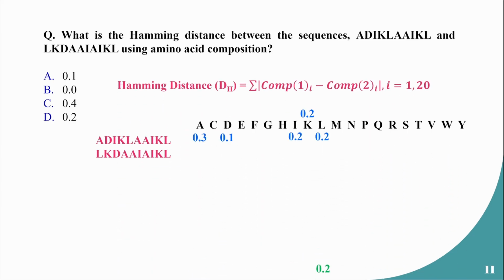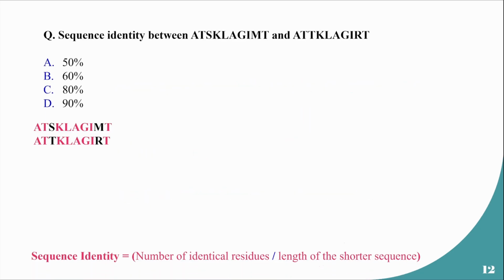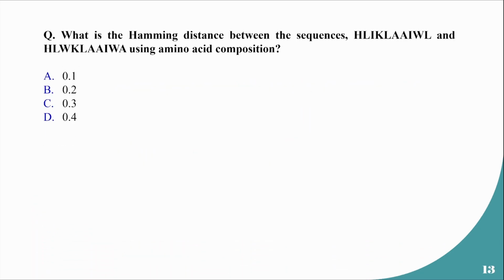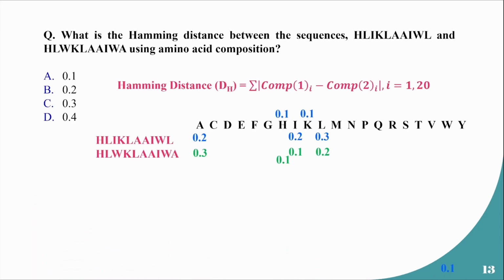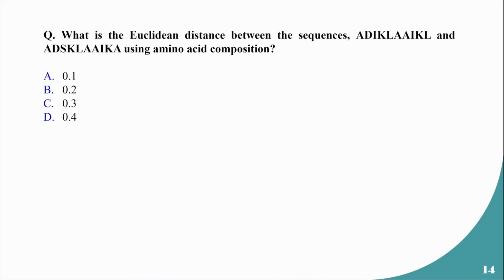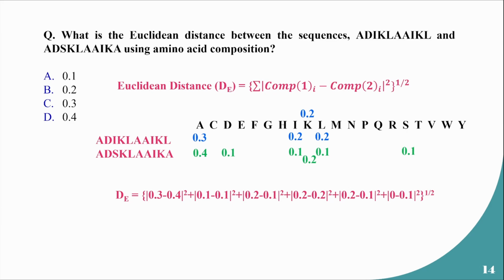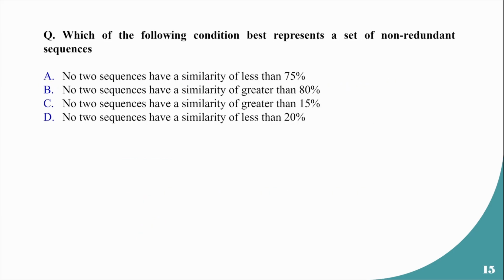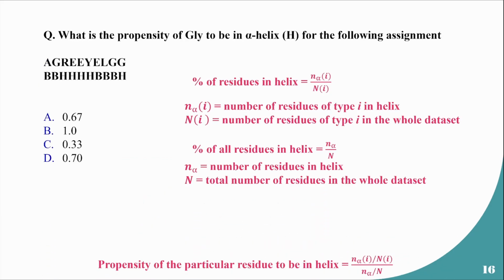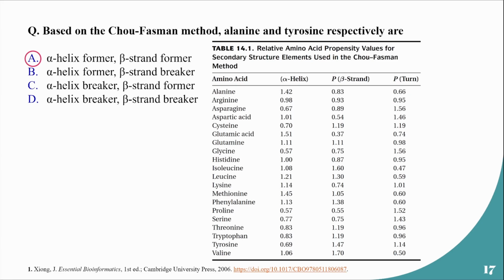These are amino acid composition based metrics, and by comparing different distances you can understand if sequences are closely related or not.